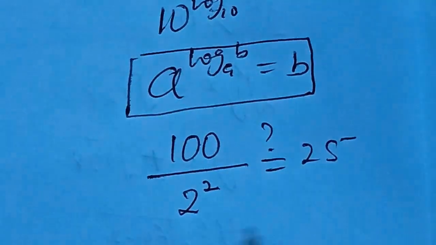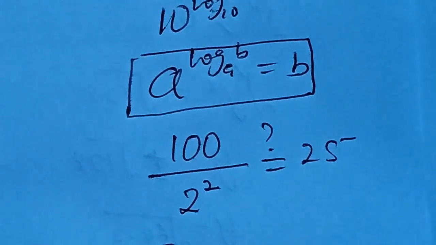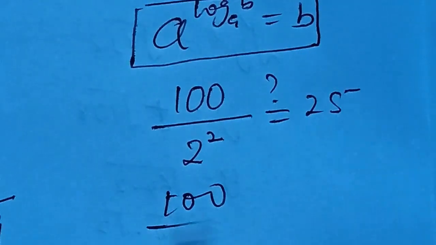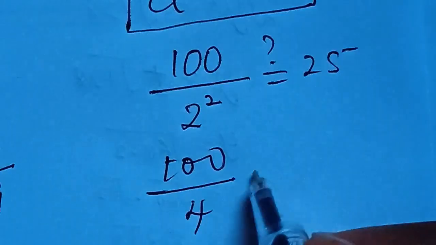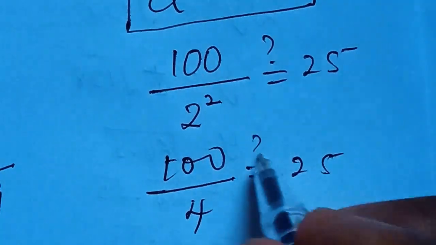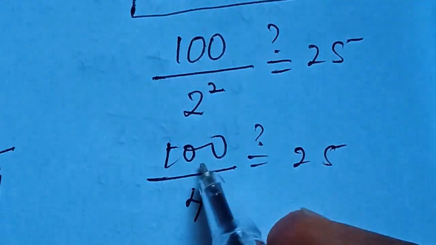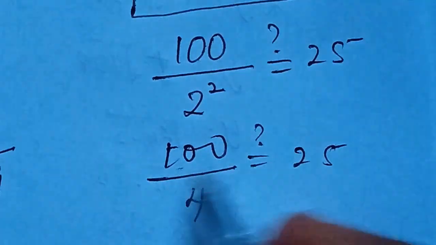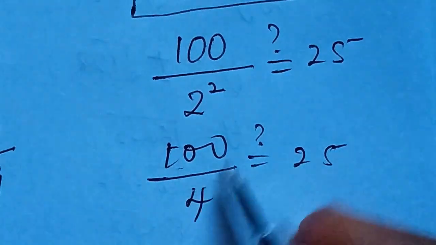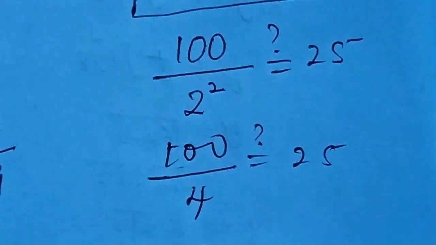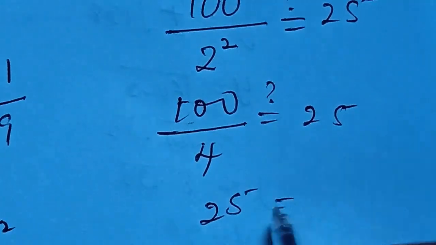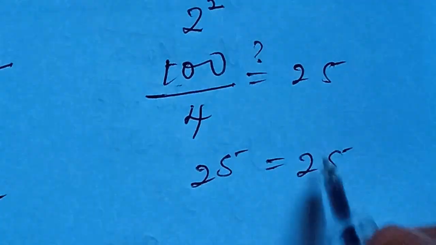So 2 to the power of 2 is given as 4, and we have 100 over 4. Will that be equal to 25? So 100 divided by 4 is given as 25, which is equal to 25.